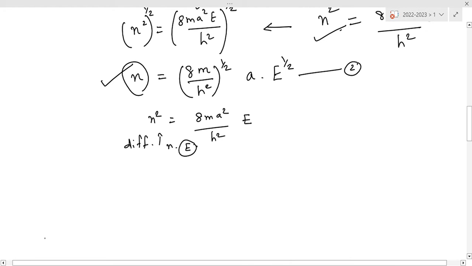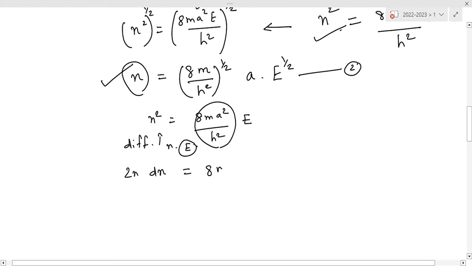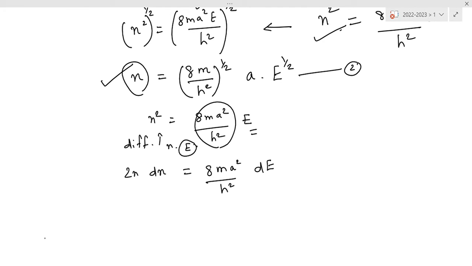This is the formula. Now differentiating the above equation with respect to E, I get 2n dn is equal to, all these are constants, cannot be changed, 8ma square by h square, but E is differentiated. So differentiating this, I get 2n dn is equal to 8ma square by h square into dE.